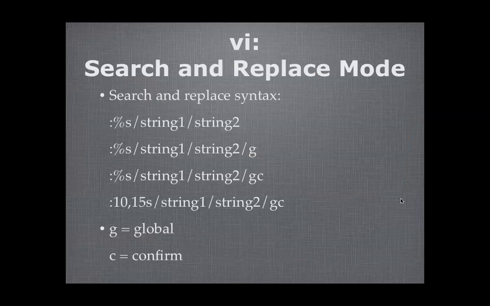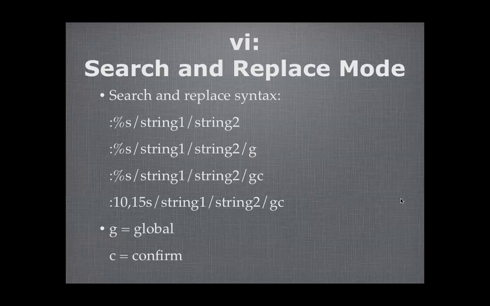There's also search and replace. This is the other really important half of searching. The search and replace syntax is a little different than the search. The syntax looks like this: colon, %s, the string you want to find, and the string you want to replace it with.